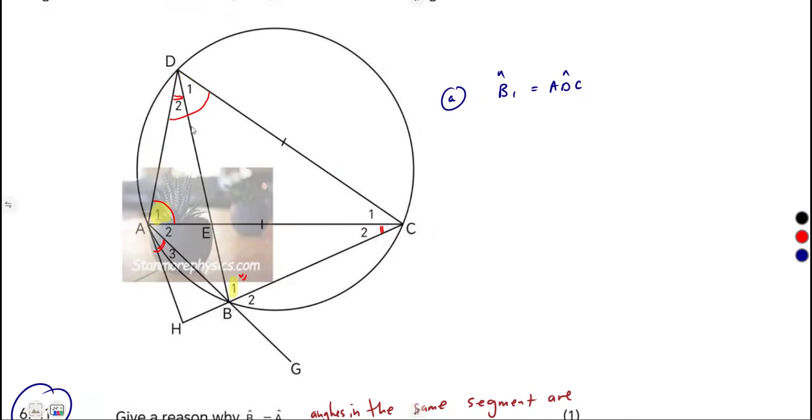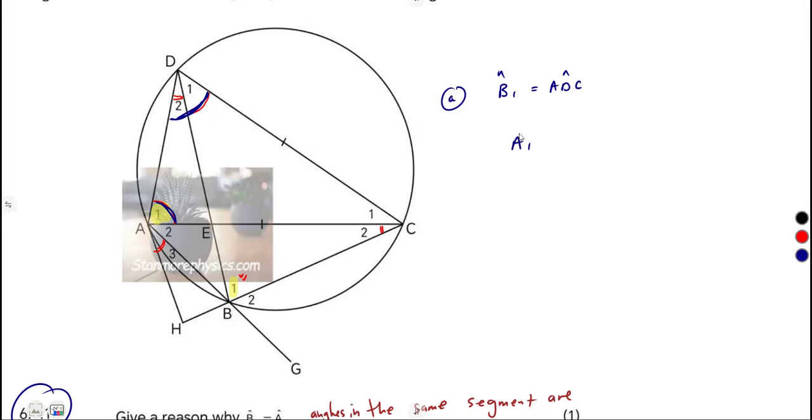Guys, I already talked about this. Remember, I said angle D and angle A1, they are equal. From the sides which are equal, from these chords which are equal, angles opposite equal sides are equal. So angle A1 is the same as angle ADC.